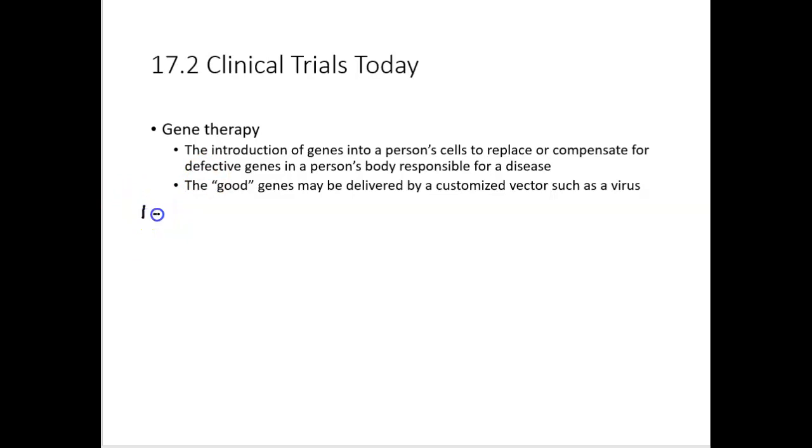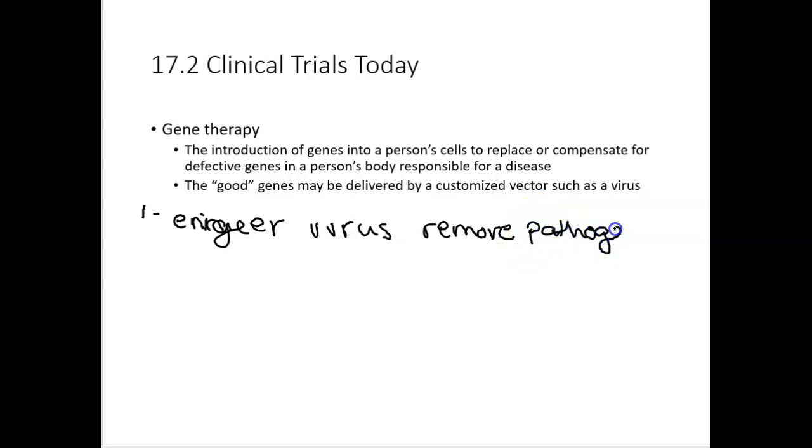So first, you've got to genetically engineer the virus. You've got to remove the pathogen-causing genes. So you've got to remove the pathogenicity. And then you've got to add your therapeutic gene or your gene of interest.